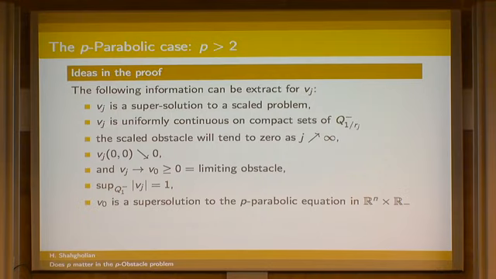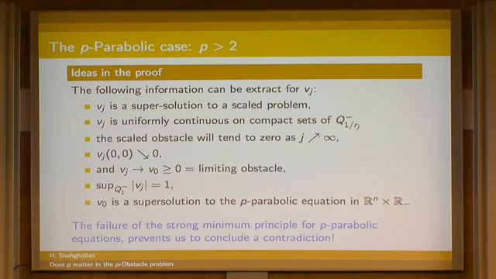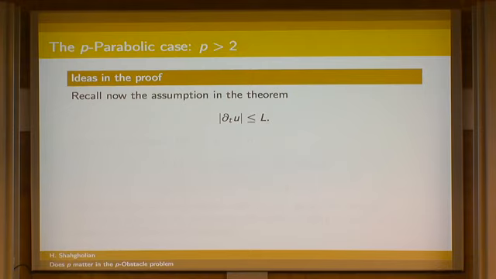Well, the bad news is that there is no minimum principle. So this means that it can actually happen, and you have to show that this doesn't happen. Now let's not forget about this assumption we had. That assumption tells us that things are maybe not time dependent.